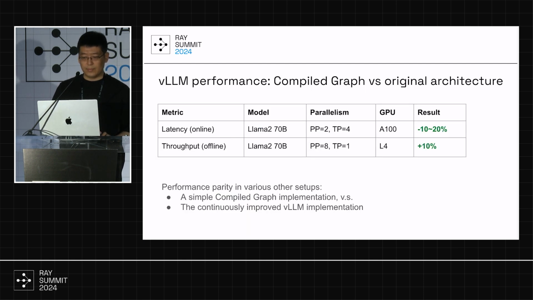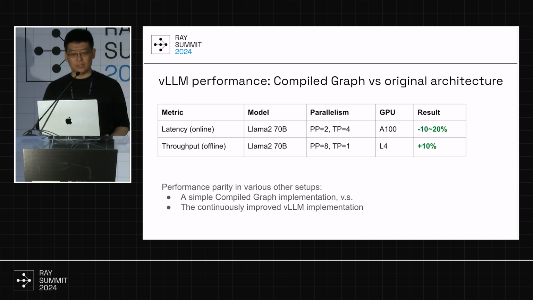We measured the vLLM performance when using compiled graphs. For online inference where latency is important, we achieved a 10 to 20% reduction compared with the original architecture. For offline inference where throughput is important, we achieved a 10% improvement.